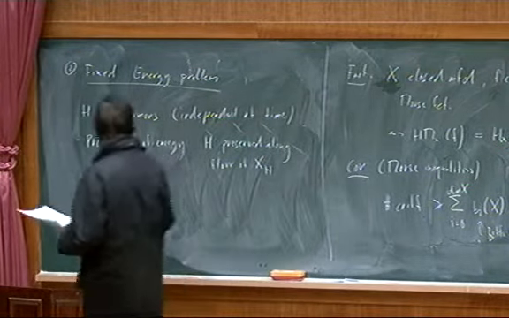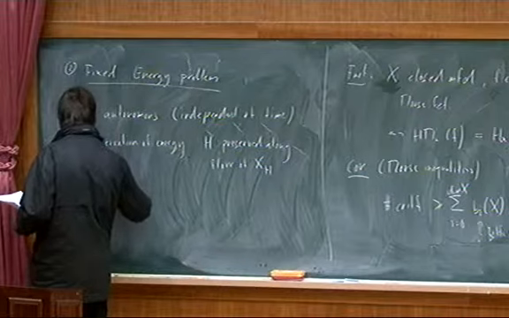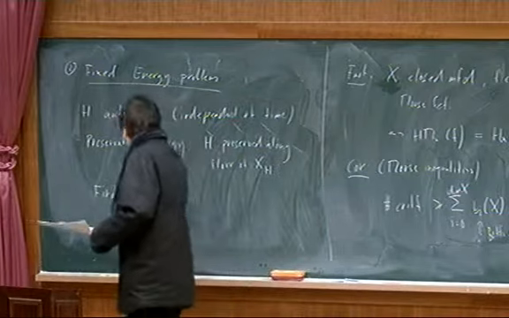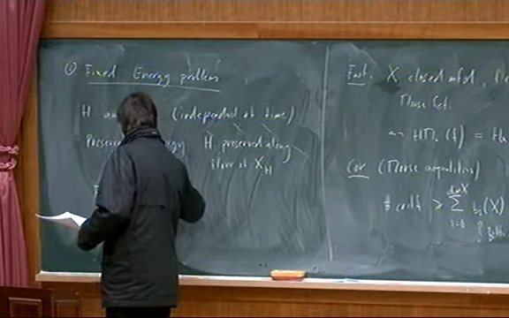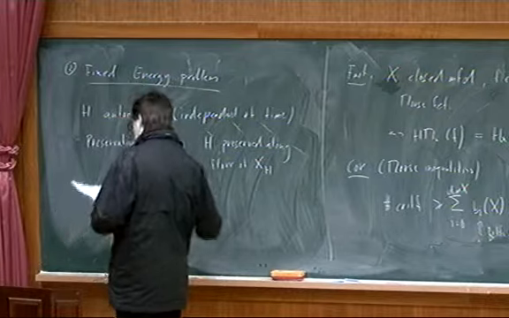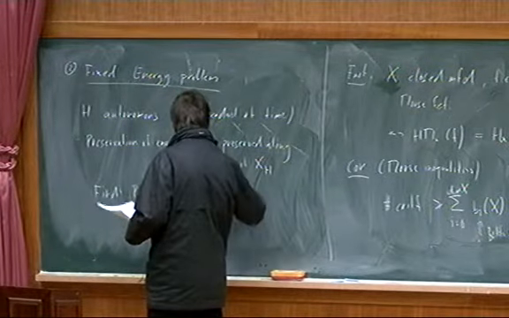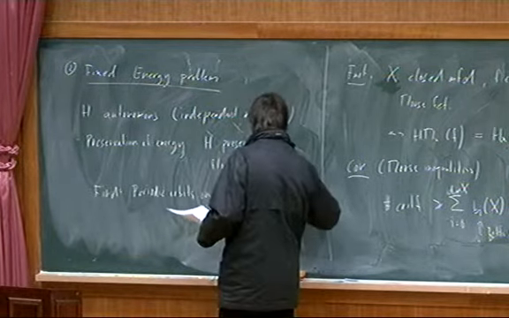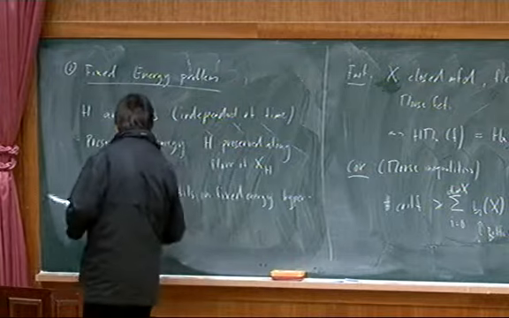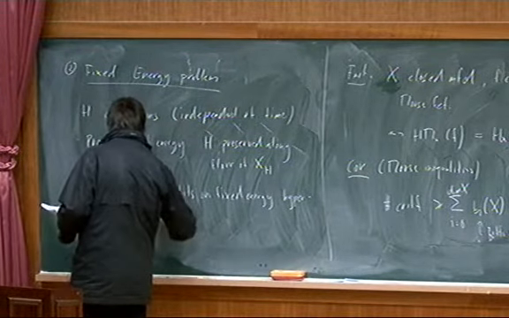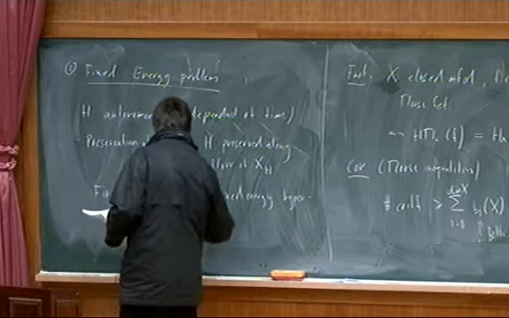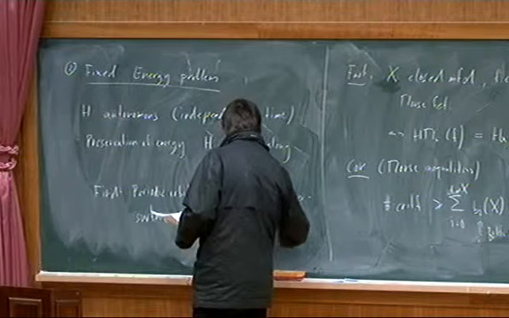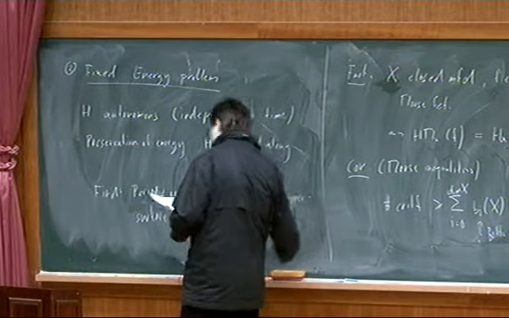What we want to find are periodic orbits of arbitrary period on a fixed energy hypersurface Sigma equals H inverse of 0.